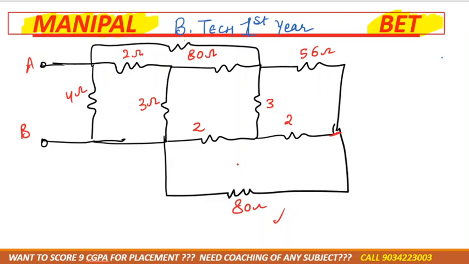Yeah, that depends also. In this you can see that 56 and 2 are not in parallel, right? See what kind of resistance is in parallel if they both are connected at the same point. 56, 2 and this 80, they are not connected at the same point, so ultimately you have to see for star and delta only.